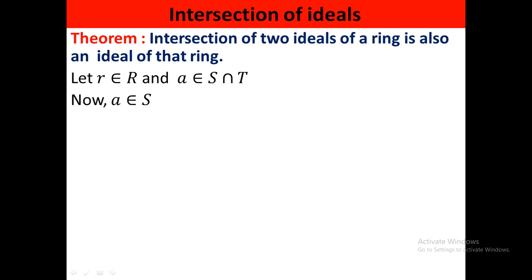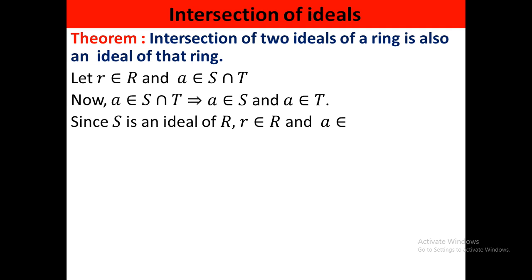Now A belongs to S intersection T means A belongs to S as well as A is an element of T. Given that S is an ideal, because we consider S and T as two ideals, r is an element of R and A is an element of S. Since S is an ideal, r belongs to R and A belongs to S, we can conclude that r dot A and A dot r both are elements of S.